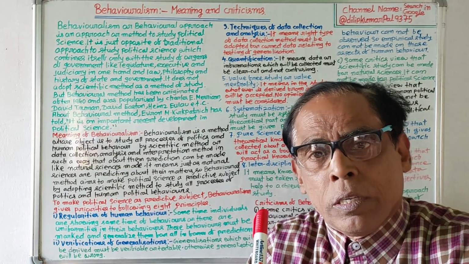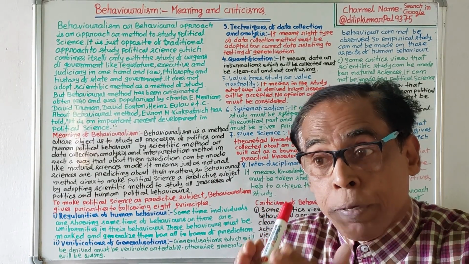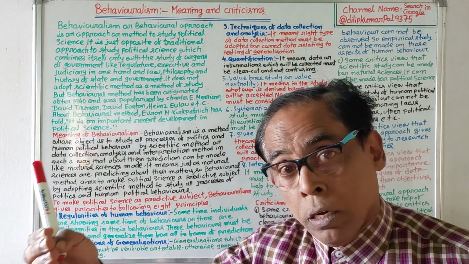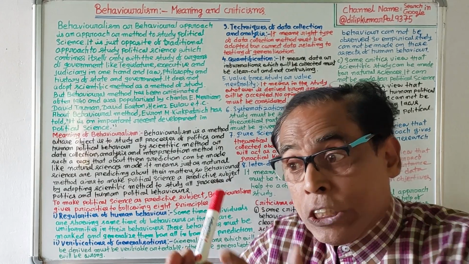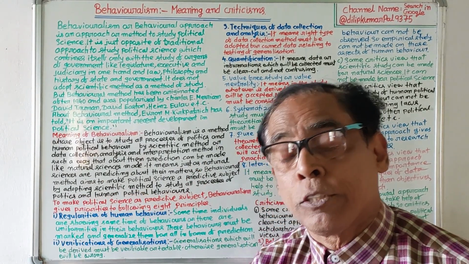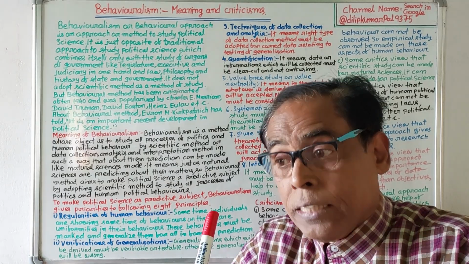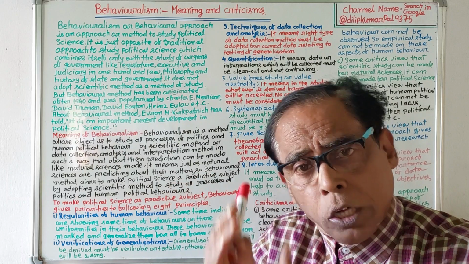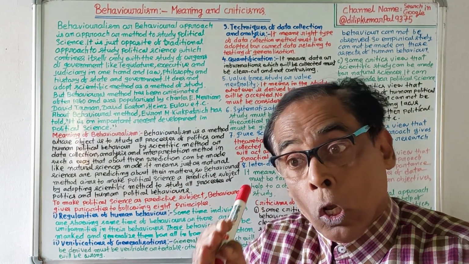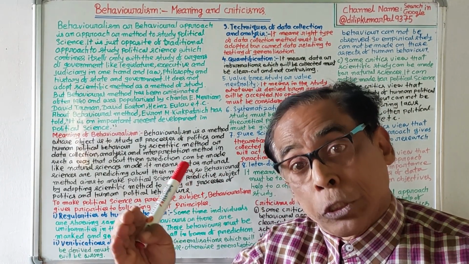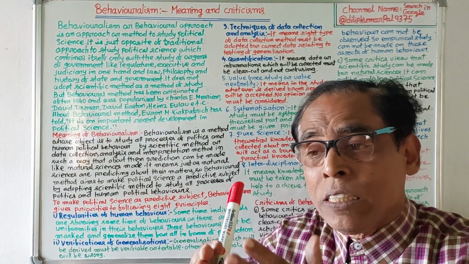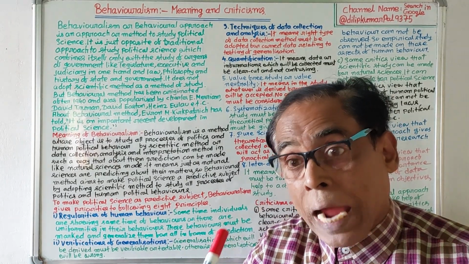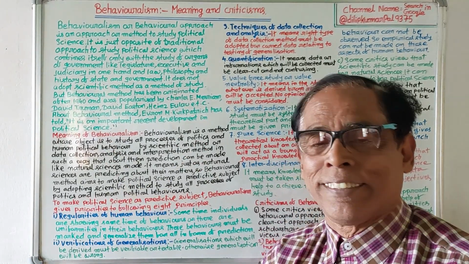So, here we have discussed that behavioralism or behavioral approach is a method to study political science. It is just opposite of the traditional approach, which is only confined with the study of organs of government, law, philosophy, history of state and government, and does not take scientific method to study political science.